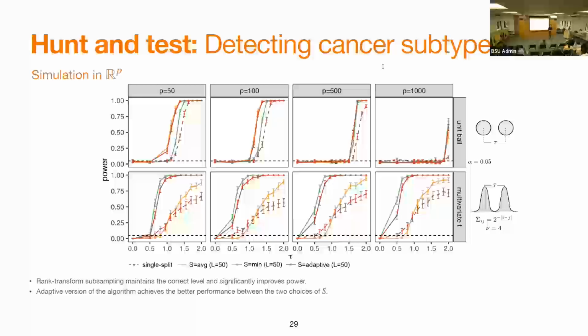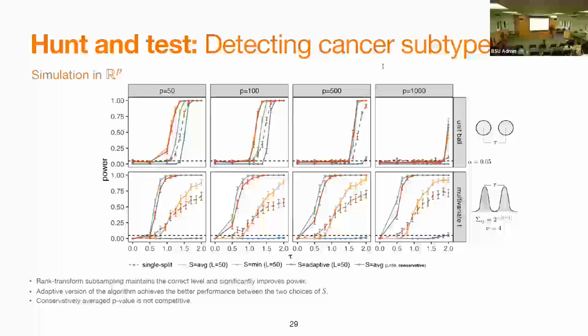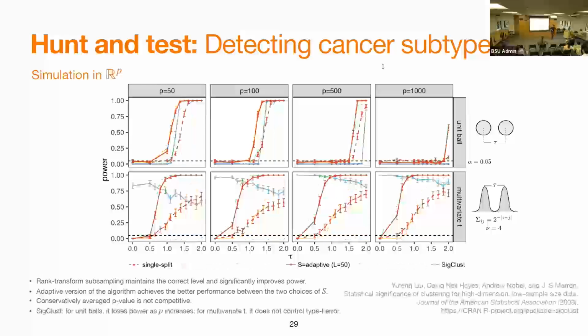So basically, you can supply a few aggregation functions, and this adaptive procedure will automatically adapt to the power of the best aggregation function in your list. Okay. So this is just to highlight one of those conservative aggregation rules, and you can see the conservative aggregation rule is very conservative. It barely has any power for the multivariate T case.